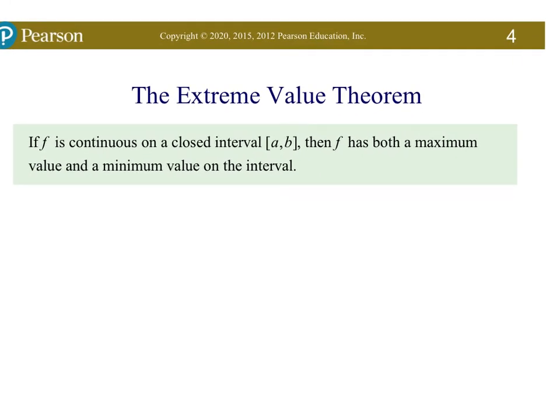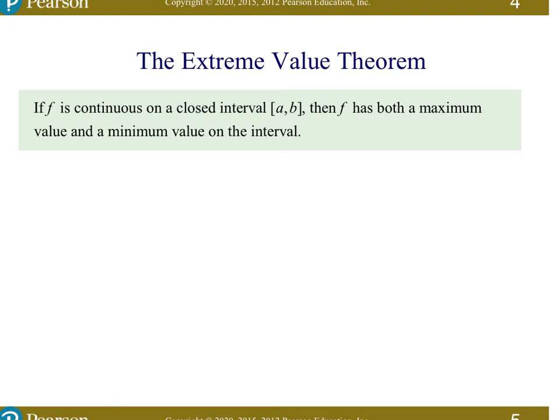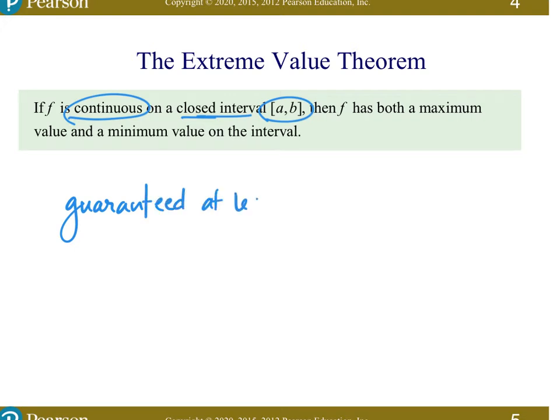That leads us to a theorem which says that maximums and minimums have to exist. They are guaranteed if f of x is continuous and you have a closed interval from A to B. Okay, you are guaranteed at least 1 max and min.